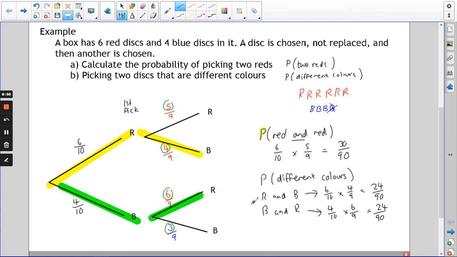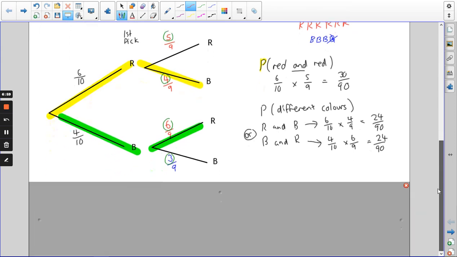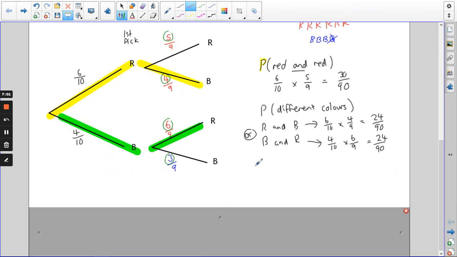And then we can say, because we don't mind which, red and blue or blue and red, we can add those together at the bottom. And so this is why we didn't simplify. 24 out of 90 add 24 out of 90 is 48 out of 90, your final probability of getting two which are different colours. Okay.